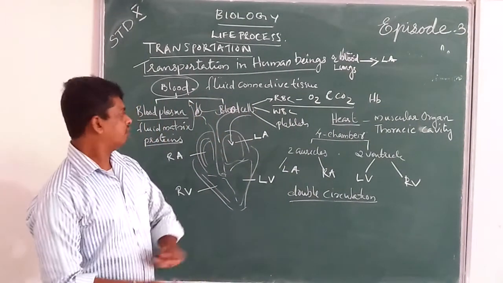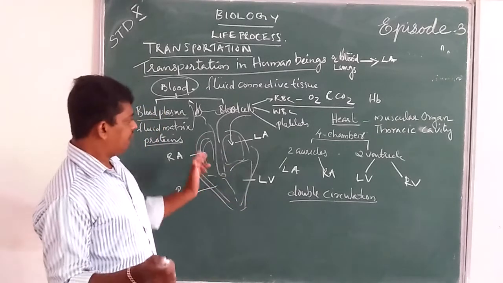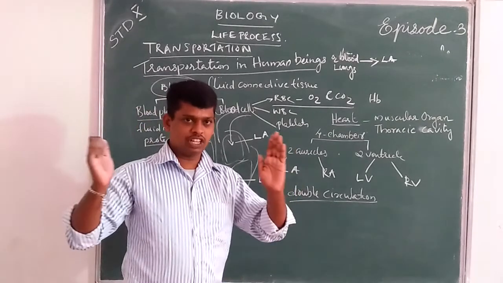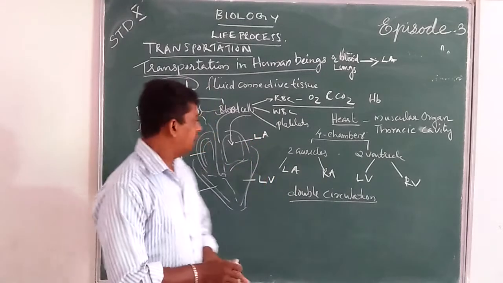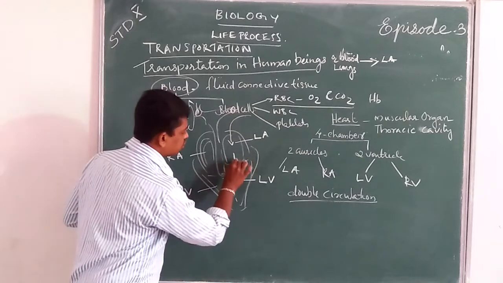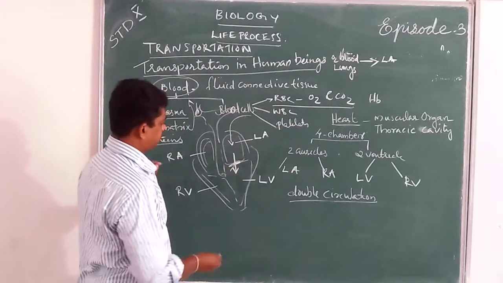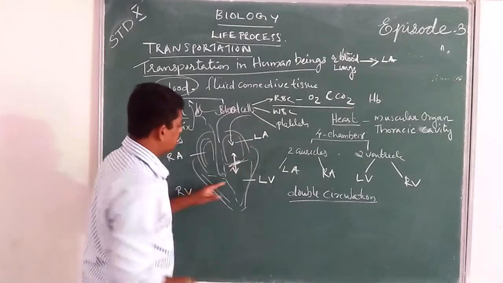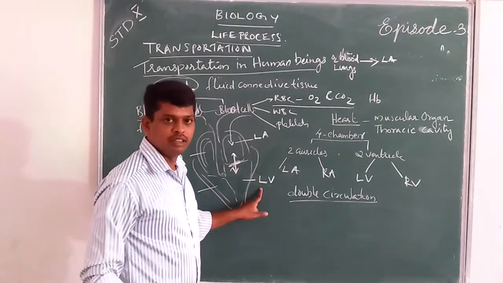Then the left atrium contracts, develops a pressure, and blood flows through a valve towards the next region, that is the left ventricle.